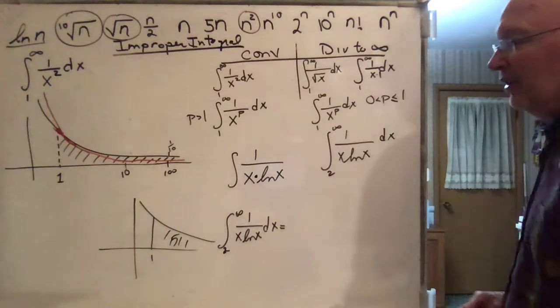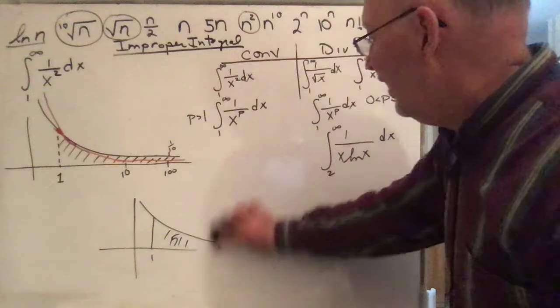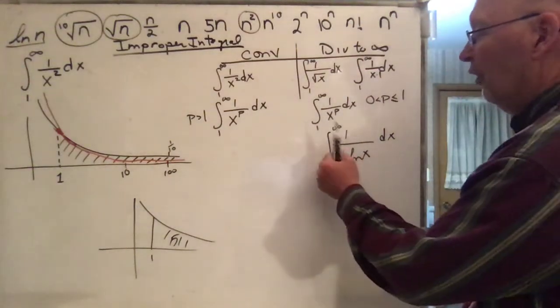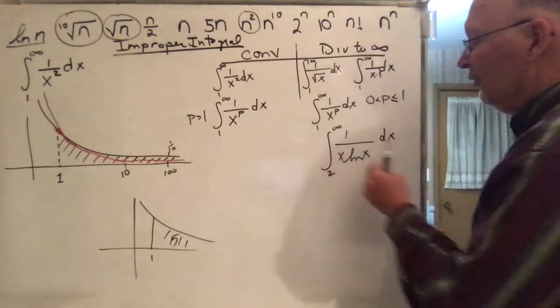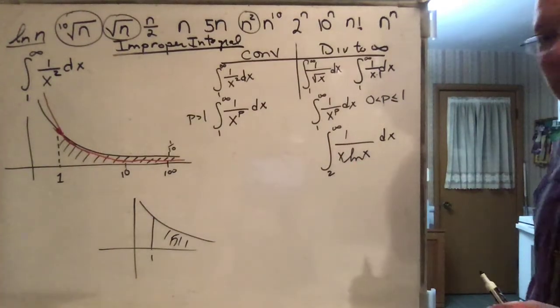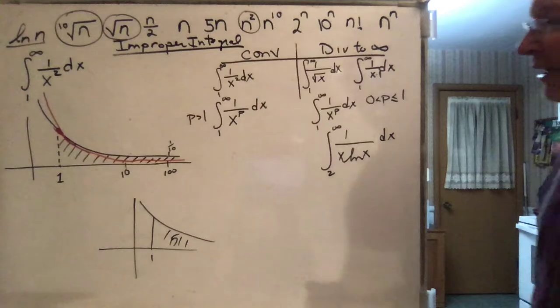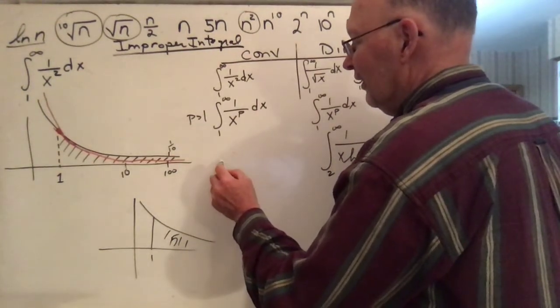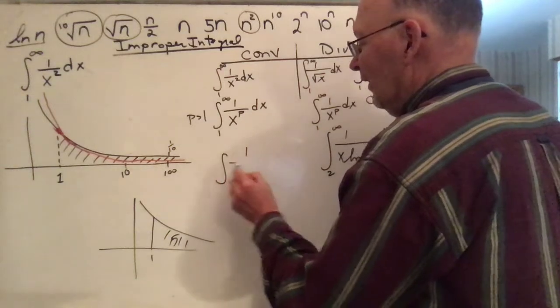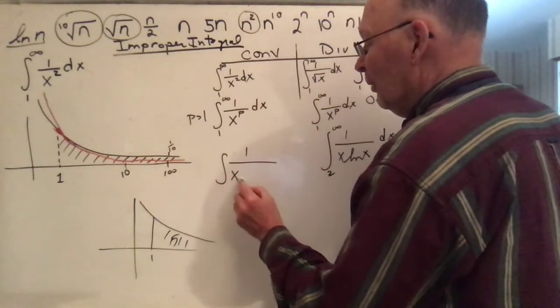That one diverges. So can you think of a function now that falls between this one and this one? This one converges, this one diverges. Can you find one that falls between them? Turn it off and think about it on your own, and then turn it back on and think, well, what about this one?